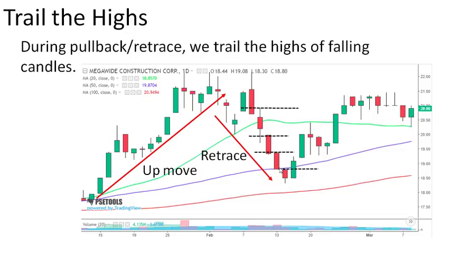Bam! Bam! Ito yung highs nila. And then yung next candle that surpasses the lowest high will be your trigger point. So kung titignan mo, para siya ng candlestick na the next candlestick that surpasses the high of that candle is your trigger point.